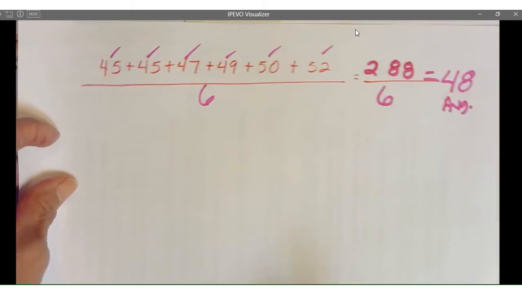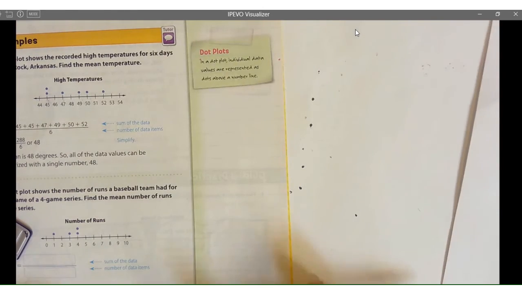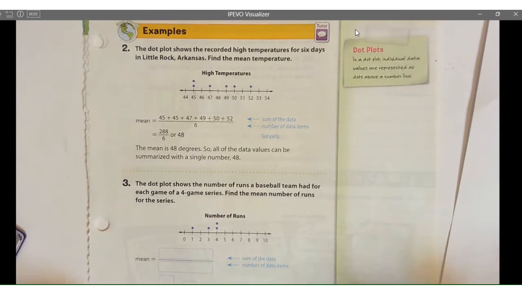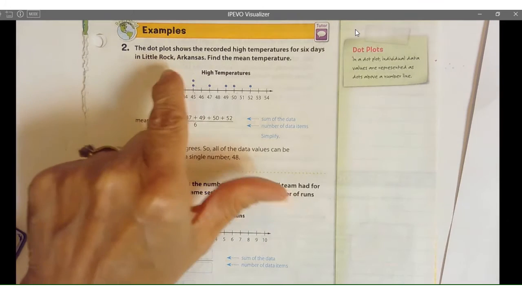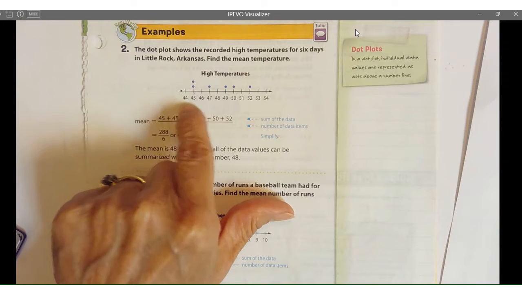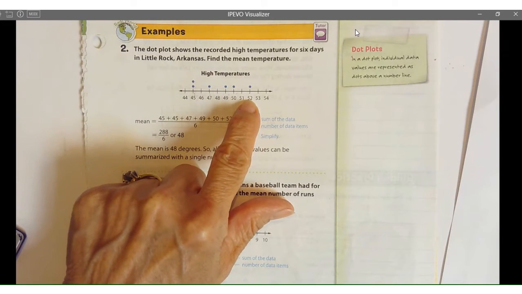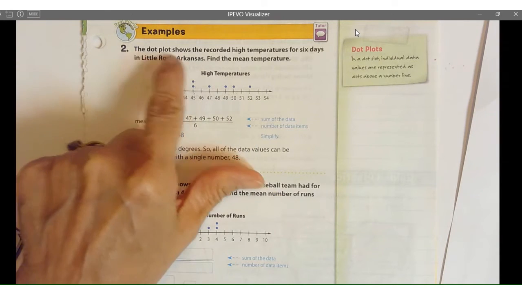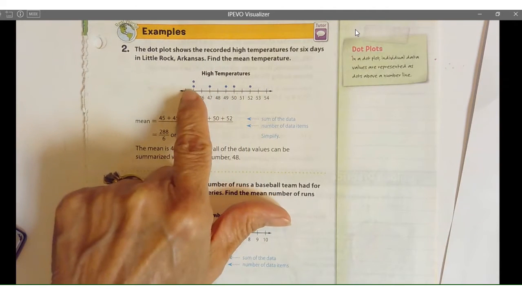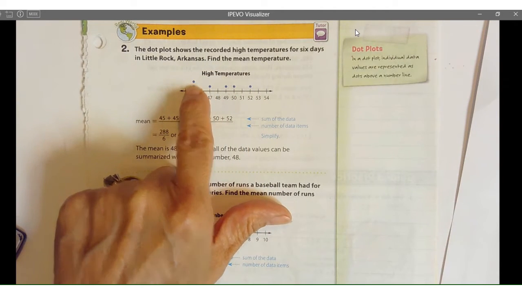So when you look at this again, if we're going to use a real life, real world example, what they're saying is that this dot plot is the temperature for the last 6 days. The dot plot shows a recorded high temperature for 6 days: 1, 2, 3, 4, 5, and then that one is 6.